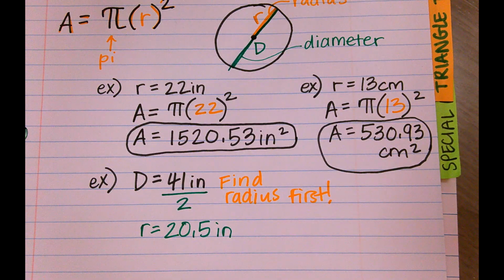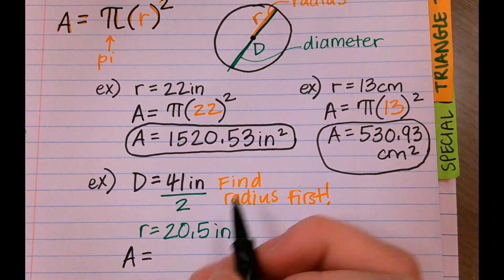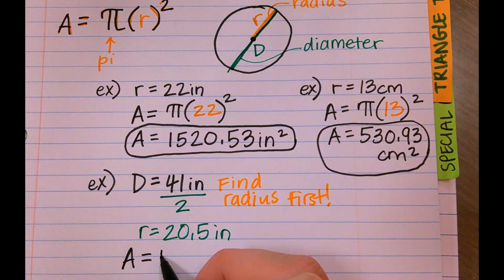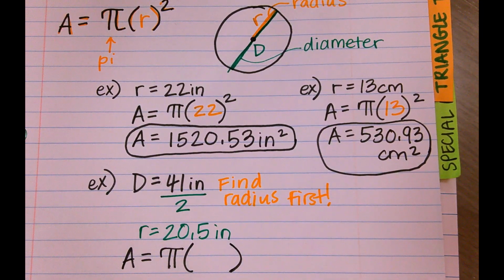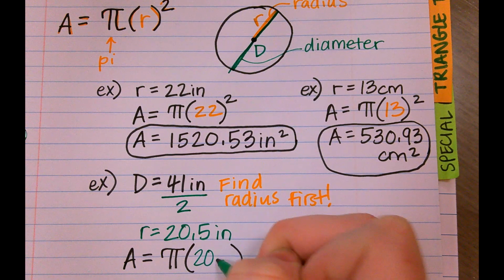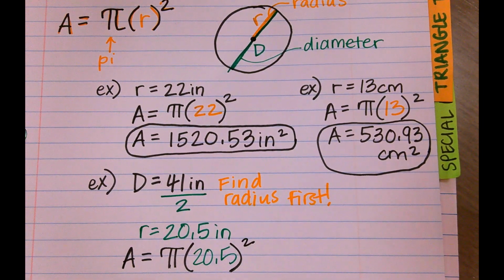And now that I know the radius, can I find the area? Yes. So area equals, what should I do? Pi times 20.5 squared. Pi times 20.5 squared.